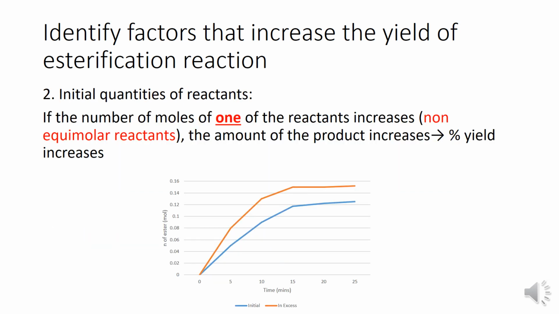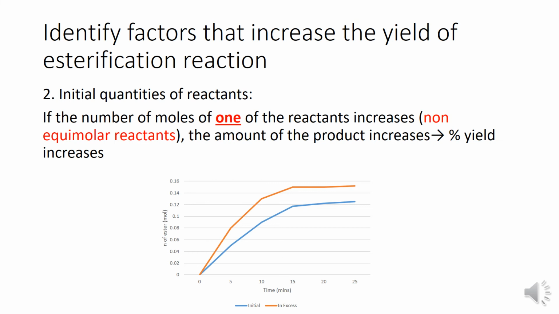Now the second factor that affects the yield of the esterification reaction is the initial quantities of reactants. If the number of moles of one of the reactants increases, it means we are not having an equimolar initial number of moles; they are non-equimolar reactants.